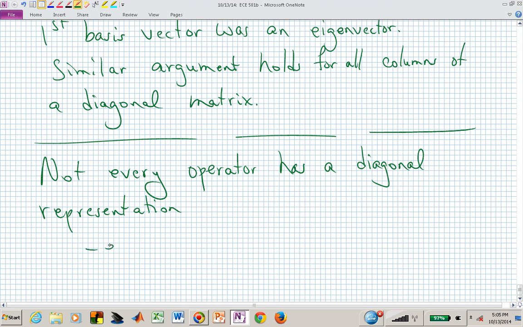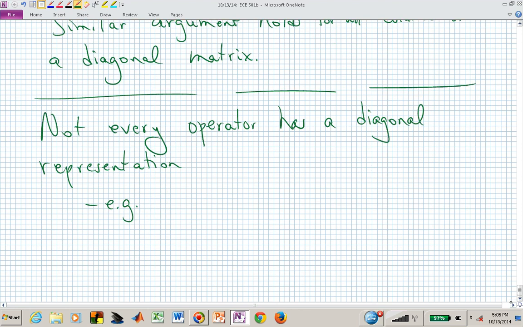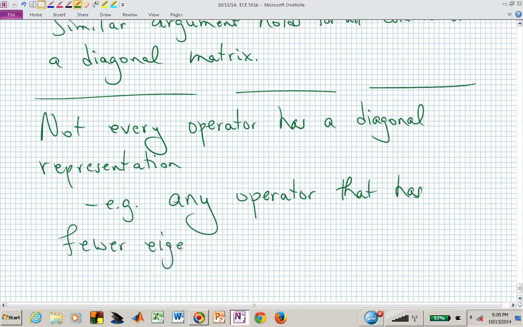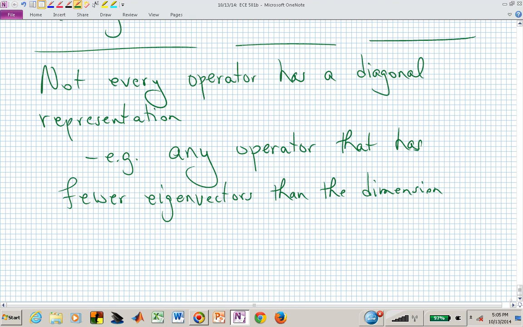For example, any operator that has fewer eigenvectors than the dimension of the vector space is not going to be diagonalizable.